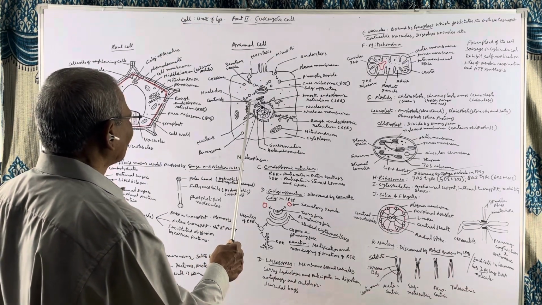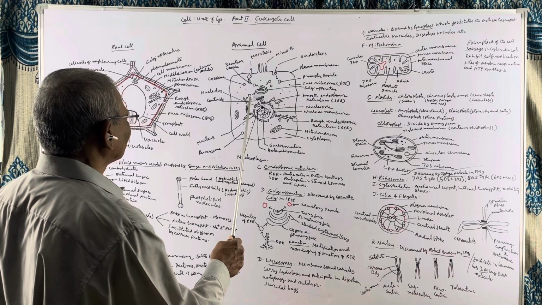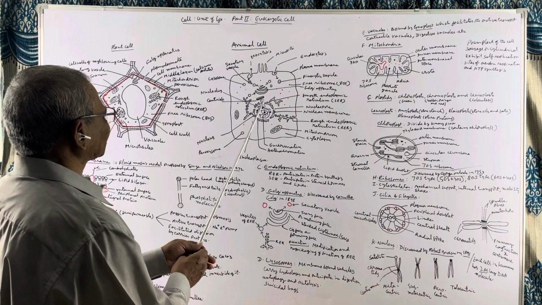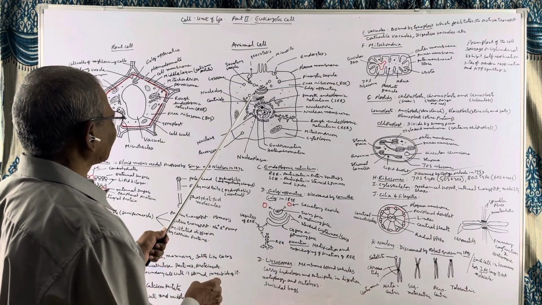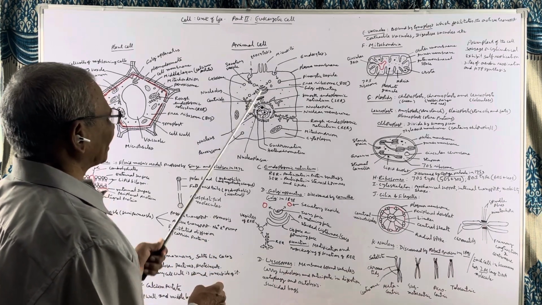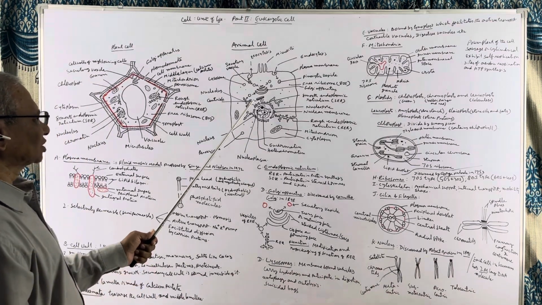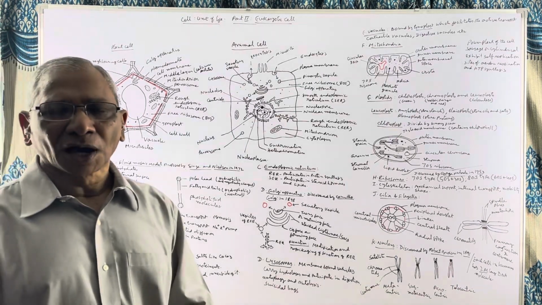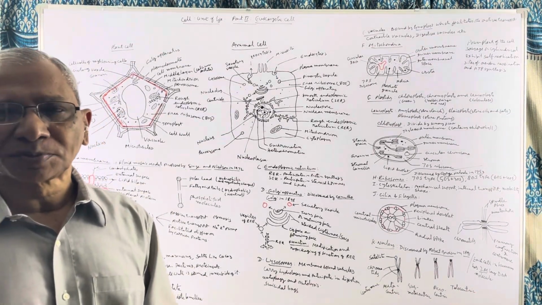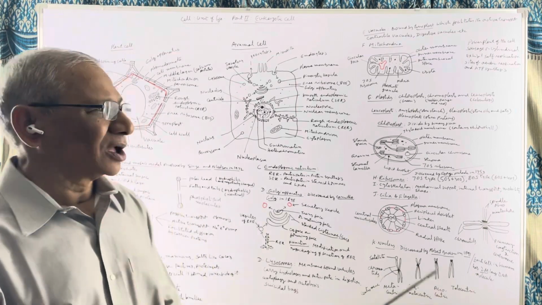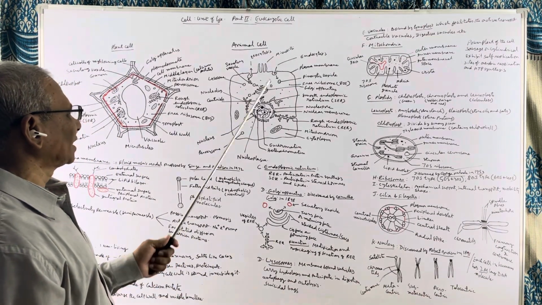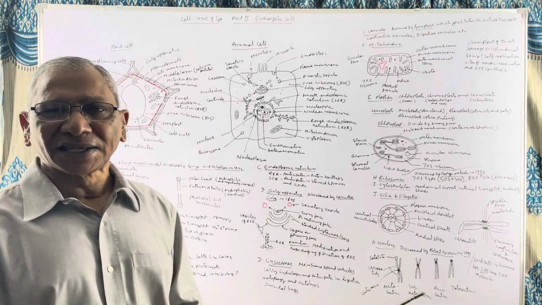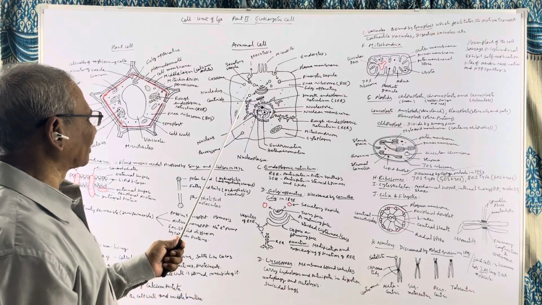From this lumen, they are released into the cytoplasm in the form of secretory vesicles. These vesicles take the substances into the Golgi apparatus. So in this way, the substances produced by the ribosomes present on the rough endoplasmic reticulum are transported to the Golgi apparatus for processing and repackaging. I will explain that later on.